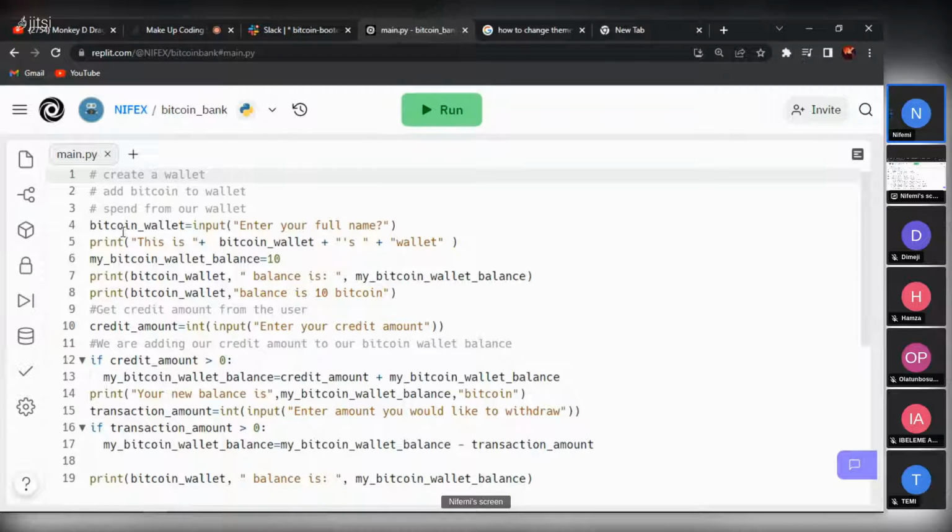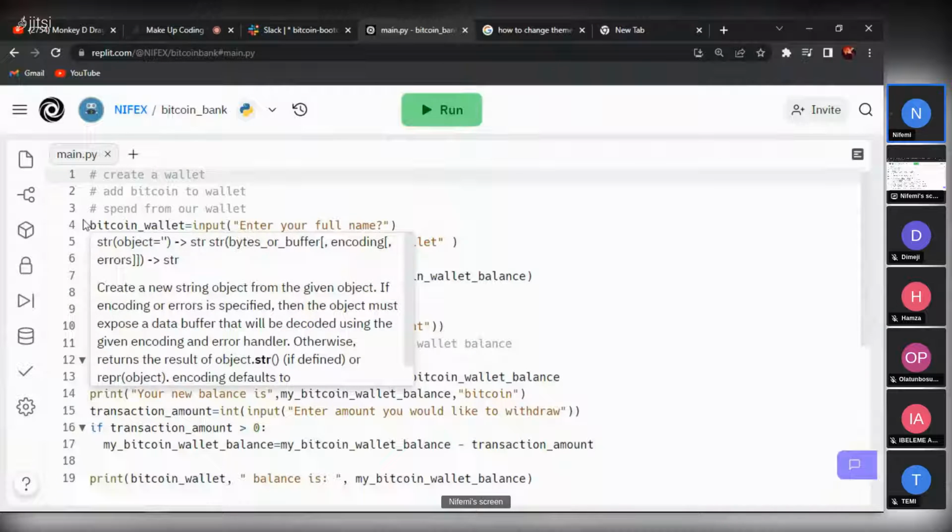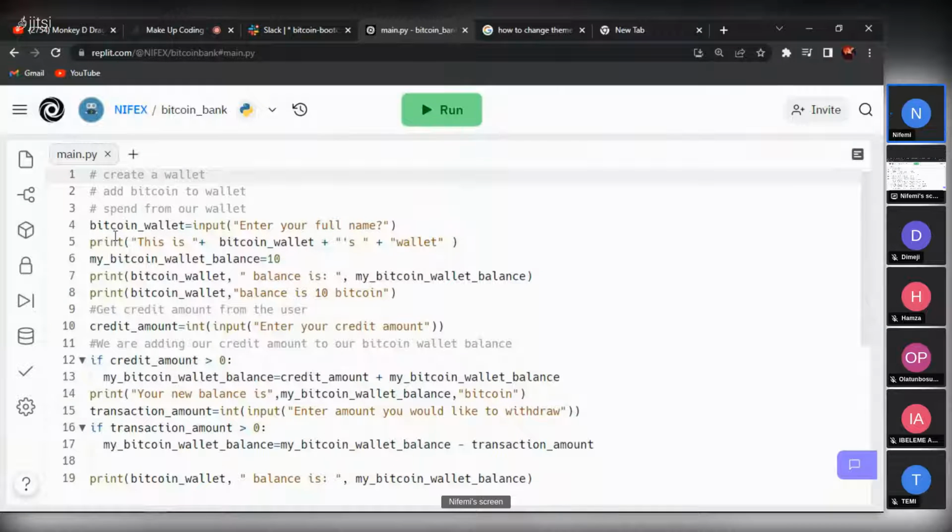The first line of code, we created a variable called bitcoin_wallet, and we were supposed to input our name. We put in a string saying enter your full name. Whatever you type in is going to be stored into this variable called bitcoin_wallet.